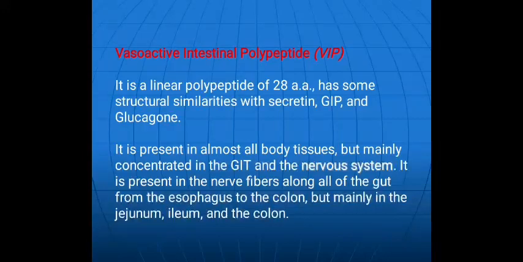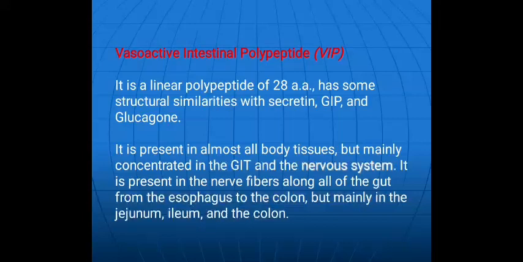The other hormone is the vasoactive intestinal polypeptide, VIP. It is a linear polypeptide of 28 amino acid, has some structural similarity with secretin, GIP and Glucagon.